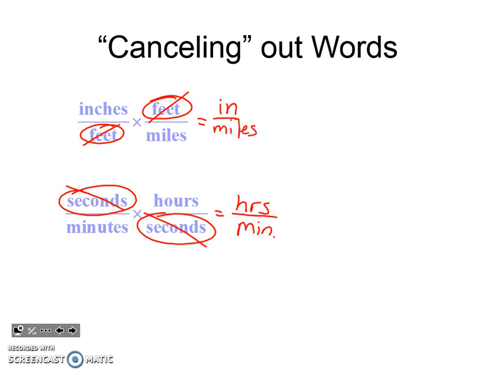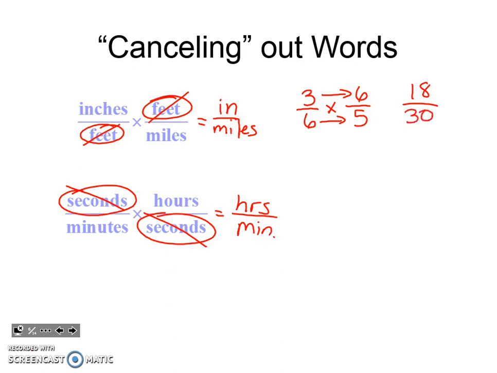And I know you're saying, well, Mr. Golden, I kind of still don't get it. So let's work with this using numbers. Let's say that I had 3 over 6 times 6 over 5. Now we know that when we're multiplying fractions, we just multiply straight across. So 3 times 6 gives me 18, and 6 times 5 gives me 30.